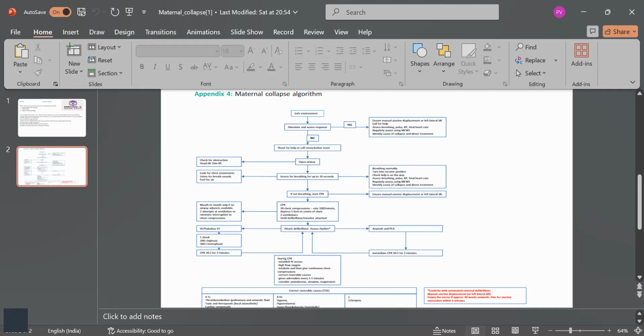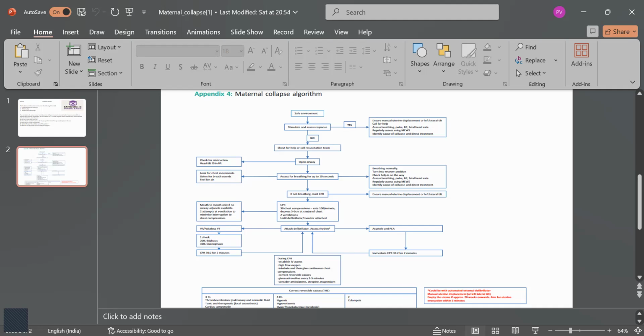So we need to have yearly life support skills and a skills and drills program about maternal resuscitation, and everyone has to be trained in this. Then root cause analysis will be done, and steps will be taken to prevent recurrence. So this way I'm going to manage this patient.